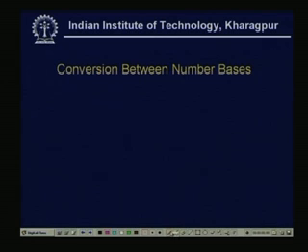See, what we have seen is that we have 4 such number systems. Our main concentration, the main thing we want, is our binary number system, where the radix is 2.